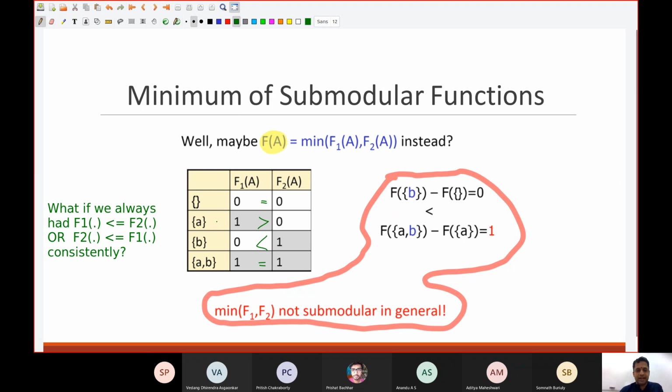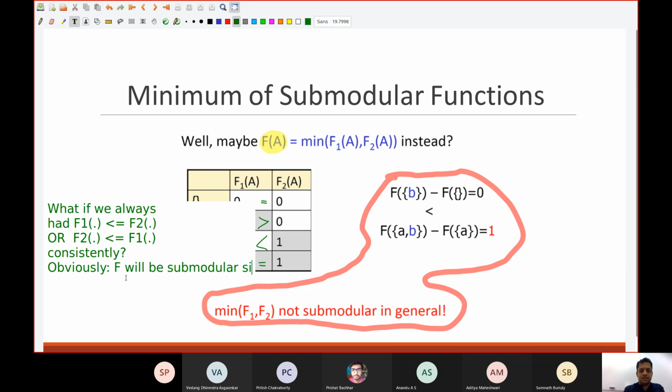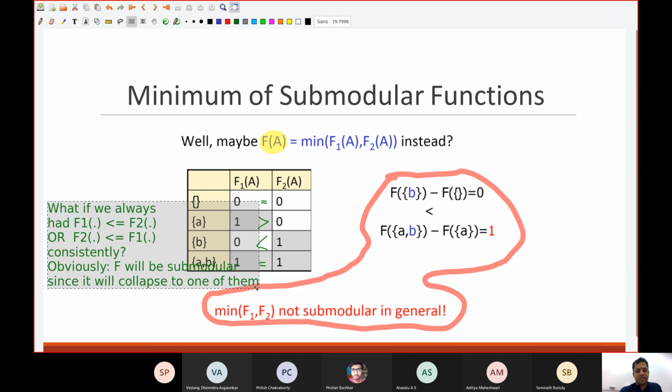Obviously f will be submodular, since it will collapse to one of them. Okay, so no marks to me for making a very obvious statement.